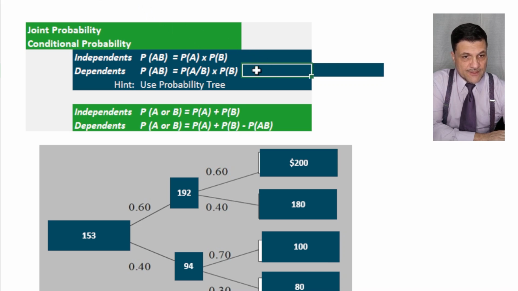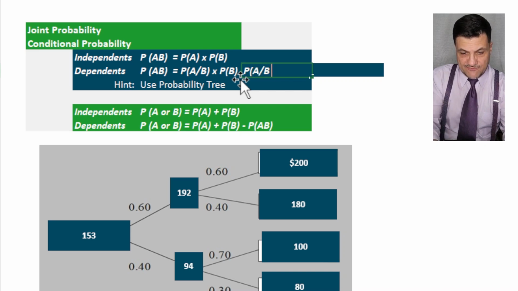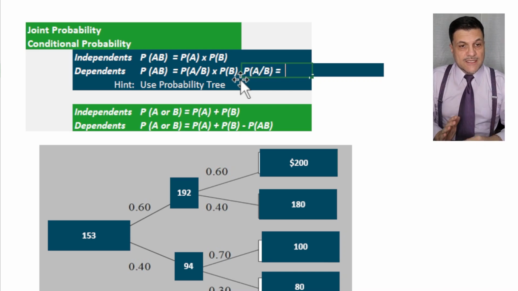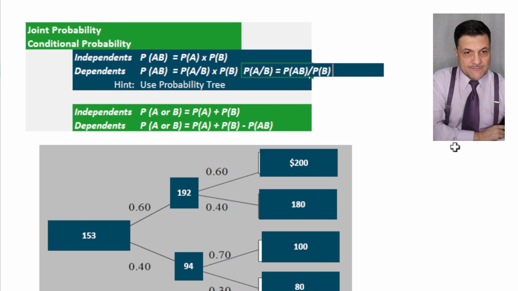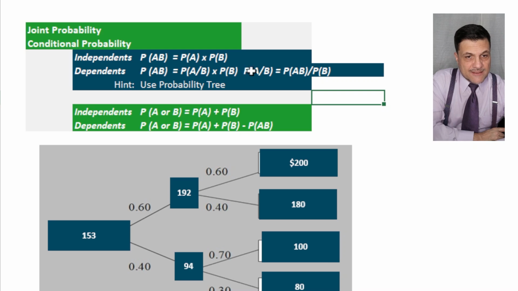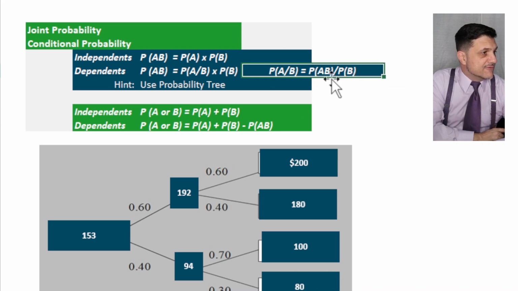I'm going to isolate the probability of A given B. So P of A given B equals, and I'm going to take the P of B that's multiplying here and put it under P of A and B on the other side. So it's going to be P of both divided by P of B. Let me make it more distinctive so you can see it. There you go. I would prefer you memorize the formula like that.